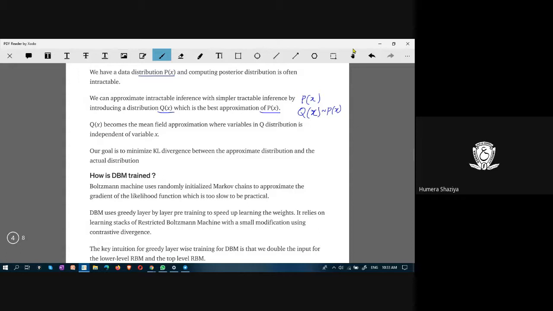X is an independent variable. Whenever there is a data set, variable 1, variable 2, variable 3, if you call variable 3 the class, then this is known as a dependent variable, and these two are independent variables.